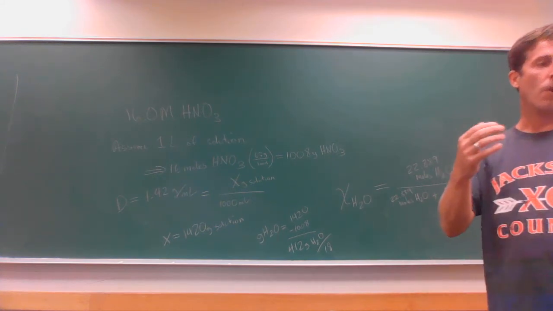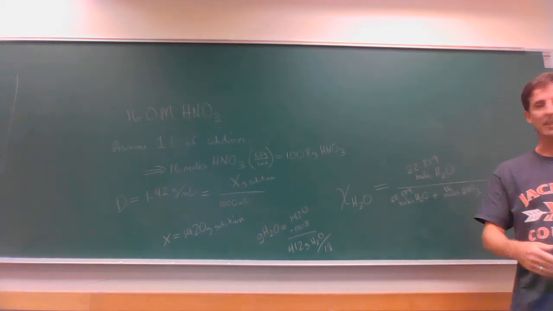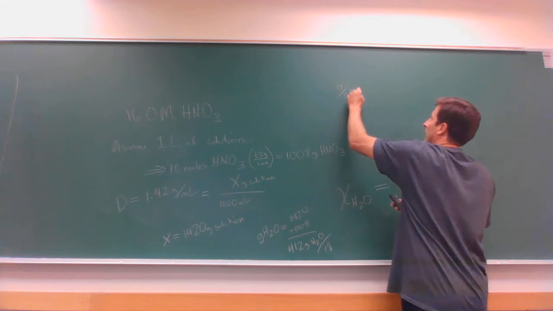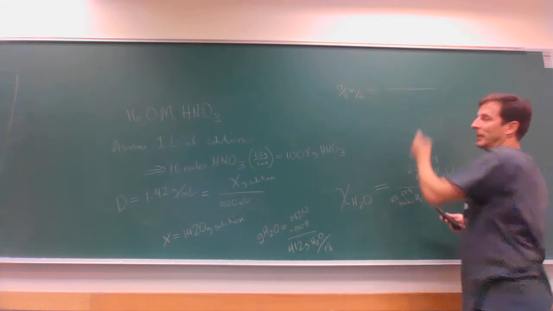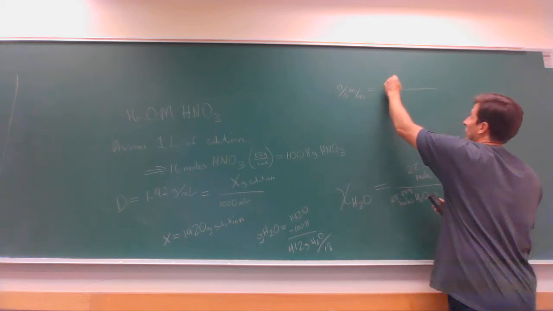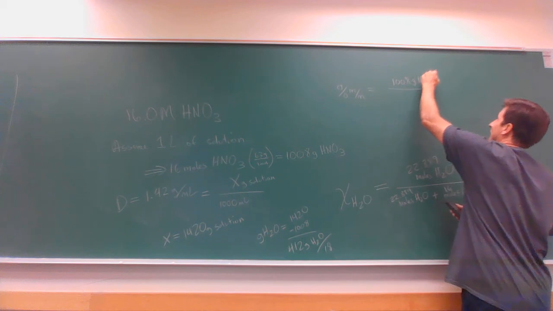Now let's just pick one more. Let's say it wants the mass percentage, which is letter C, percent mass to mass. That's supposed to be the grams of solute on top, which is 1,008 grams of nitric acid.